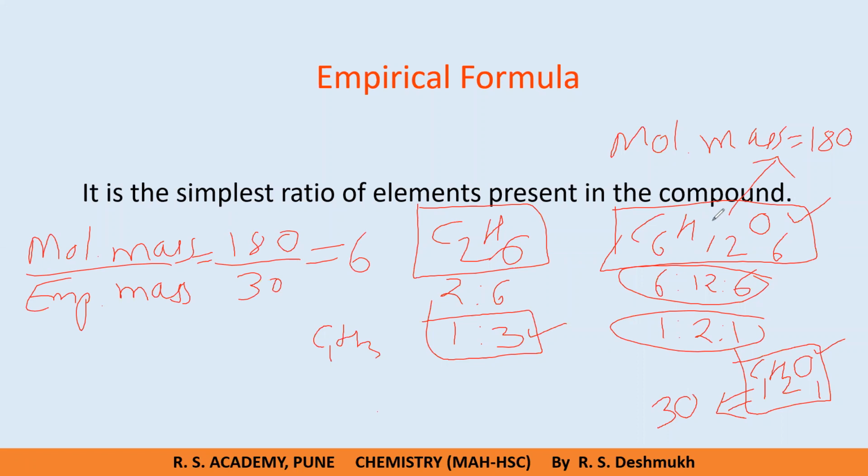But that is equal to, again observe carefully, 6 is equal to the molecular formula upon the empirical formula, C6H12O6 upon CH2O. If I take the ratio, you will also get 6. That means molecular formula upon empirical formula is equal to molecular mass upon empirical mass, which here is 6, but in general you can say it is equal to N. Is there any problem? No, sir.